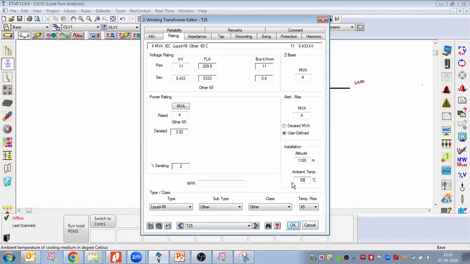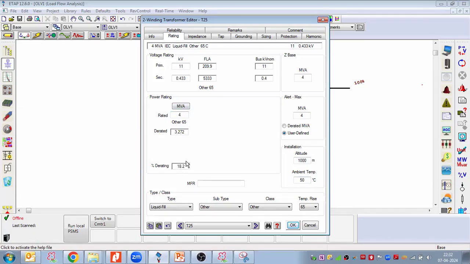Unfortunately, in ETAP we do not have a 50 degrees Celsius option. This is a drawback of ETAP. ETAP offers only 30 degrees Celsius, but the transformer is designed based on 50 degrees Celsius. If you see 30 here, there is no need for derating. But if I take 50 here, there is derating, which means of 4 MVA I can load only 3 MVA.